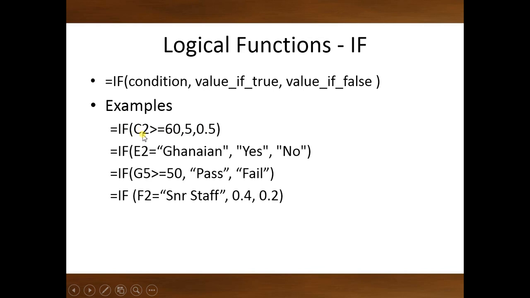If C2 is greater than or equal to 60, then return 5. But if it's not greater than or equal to 60, then return 0.5. Are you getting me, please? So the value in C2, if it meets this, then it will return this value. If the criteria is not met, then this will be returned.